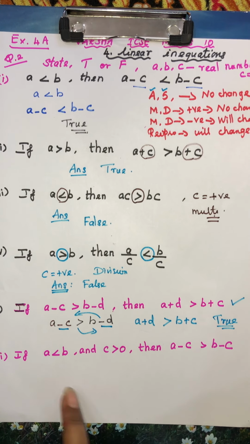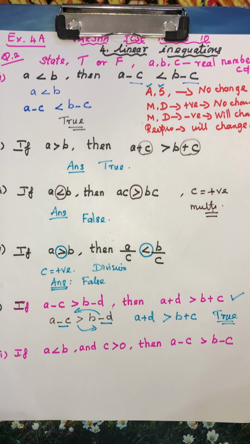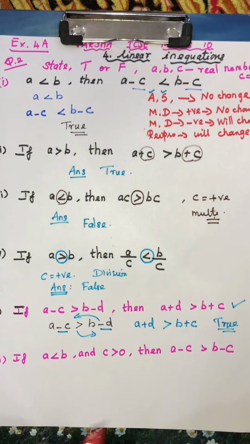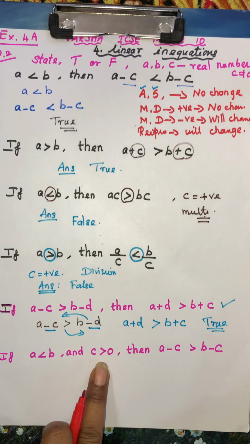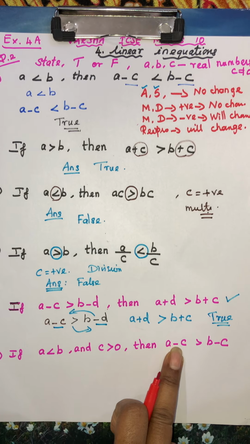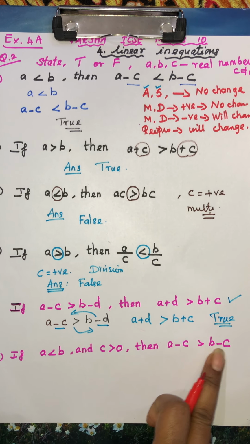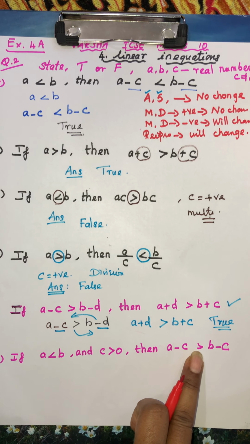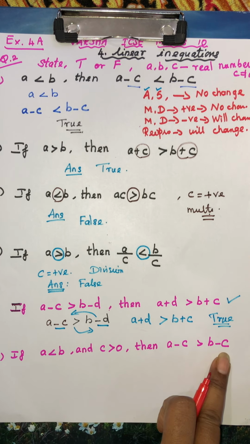Now go to the sixth question. The sixth question: a is less than b and c is greater than 0, which means a positive number. This is subtracted from both sides. a minus c is greater than b minus c. The inequality is changed. When you subtract, the inequality should not be changed.